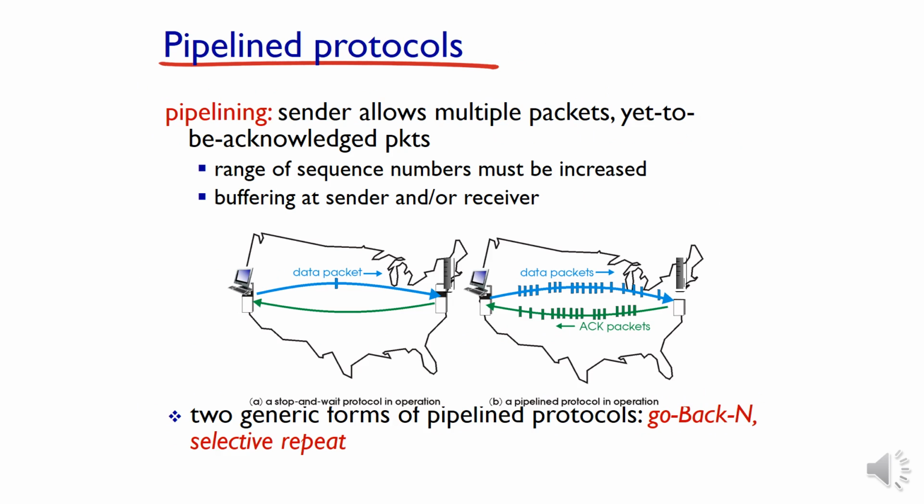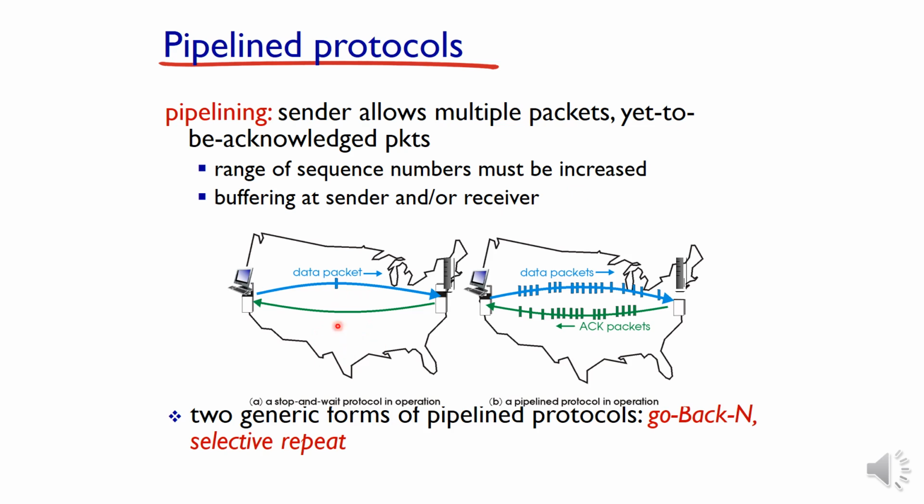As a solution to this waste of channel utilization and slow transmission, we move on to another type of protocols known as pipelined protocols. Pipelining means the sender is continuously sending the packets without waiting for an acknowledgement, so there will be yet-to-be-acknowledged packets in the channel.